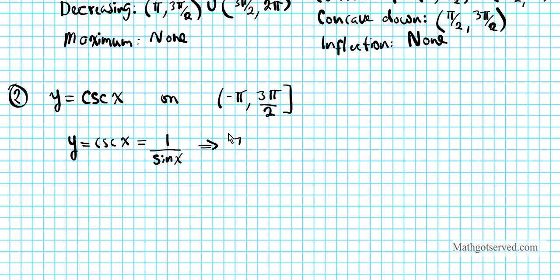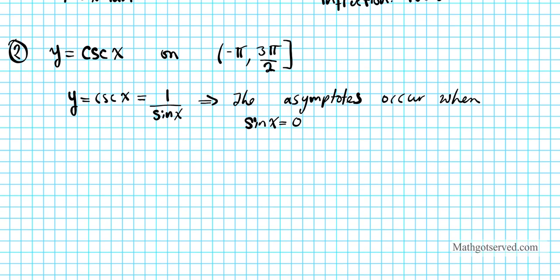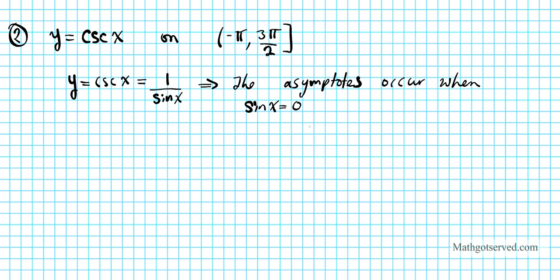The asymptotes occur when sine x equals 0. Okay, that's when the asymptotes occur. So what we're going to do first is graph sine x on this interval, and then use it to find the asymptotes.